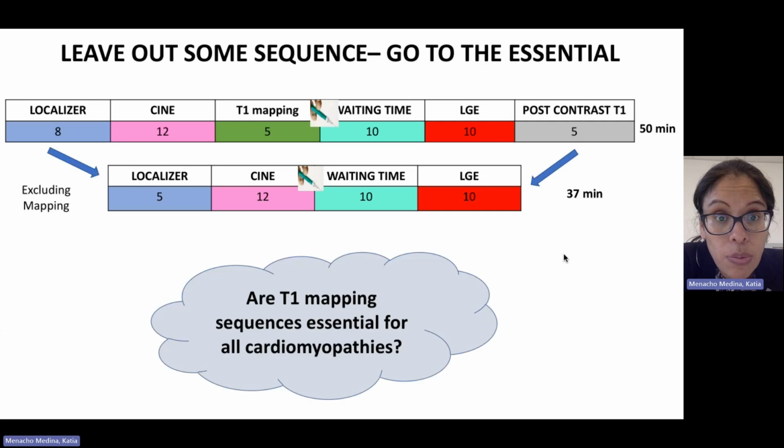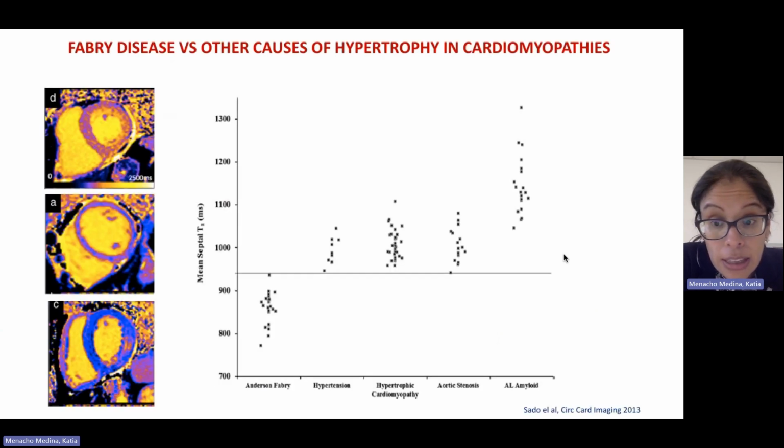In this case, we may exclude the T1 mapping sequences and reduce the time to 37 minutes, acquiring the cine sequences first and then having a waiting time to acquire the LGE. And the question is, is mapping, specifically T1 mapping, an essential sequence in all cardiomyopathies? And the answer is no.